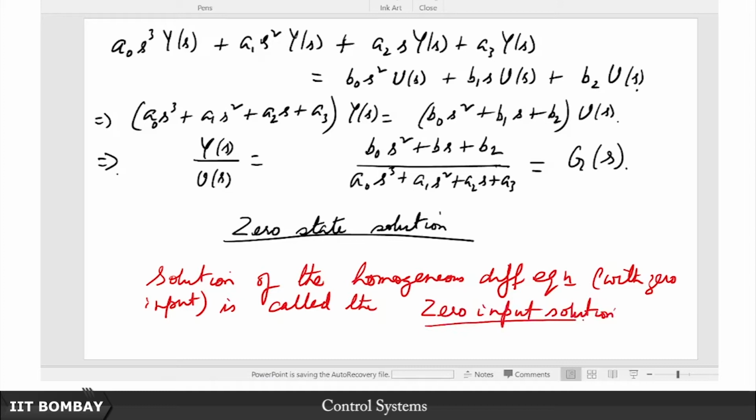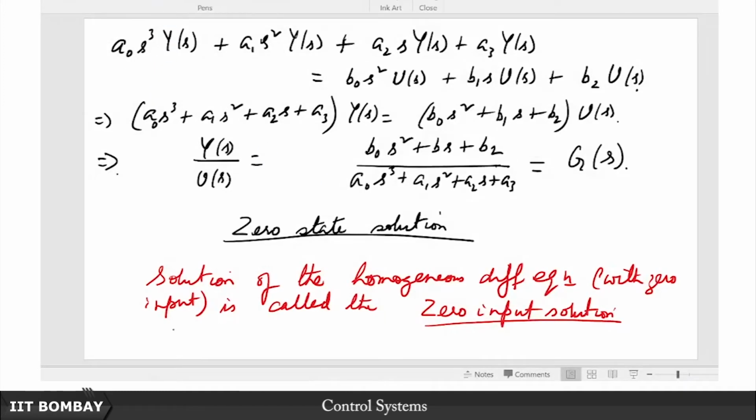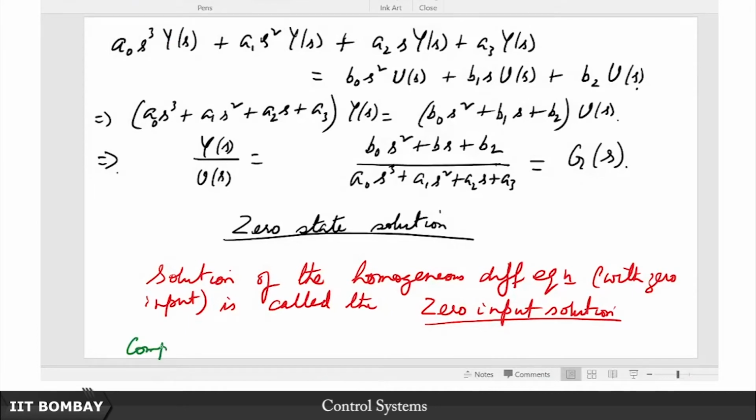So if you are looking for the complete solution of a differential equation, the complete solution will be given by the zero input solution plus the zero state solution. So this transfer function allows us to obtain the zero state solution.